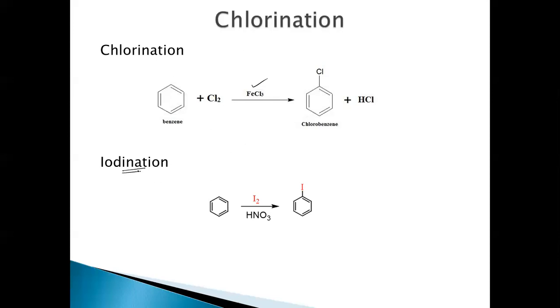Iodination also we can carry out, but this is in the presence of a strong oxidizing agent. We are using an acidic oxidizing agent like HNO3 to carry out the reaction, whereby the attacking electrophile will be I plus, the iodonium ion.